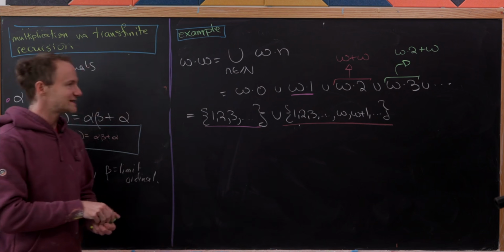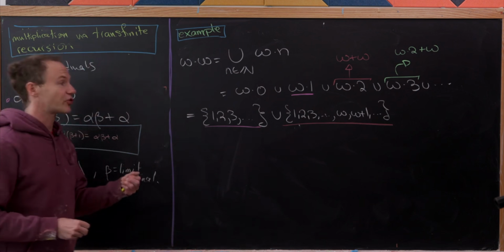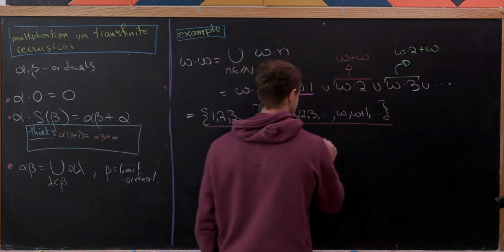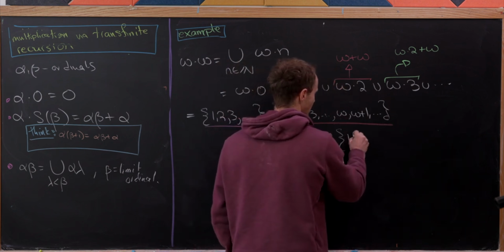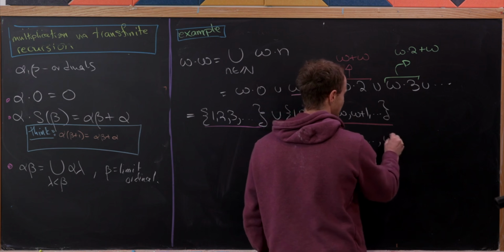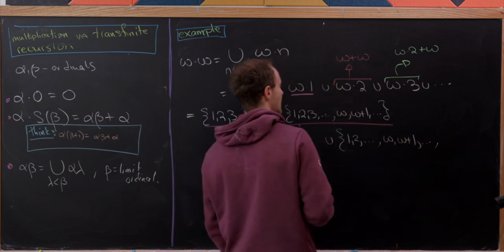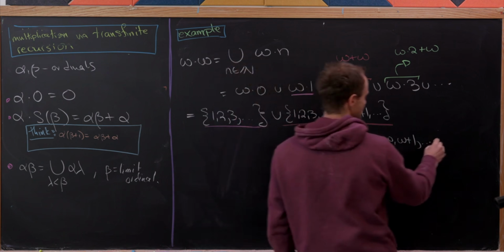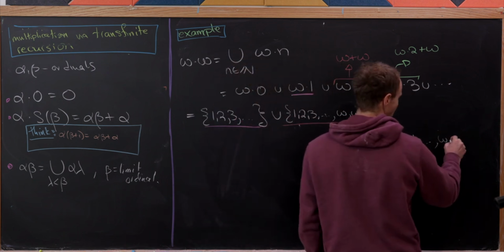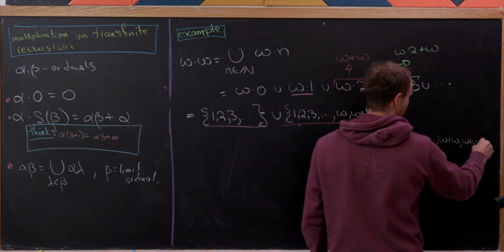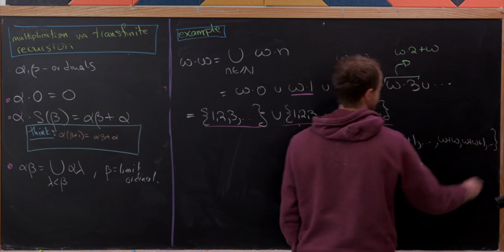So, well, what does that mean? Well, that's going to give us 3 copies of the natural numbers. So perhaps we would write this as union. So we have 1, 2, so on and so forth. Then we have omega, omega plus 1, so on and so forth. And then at the top of that, we'll have omega plus omega, and then omega plus 1, and so on and so forth.